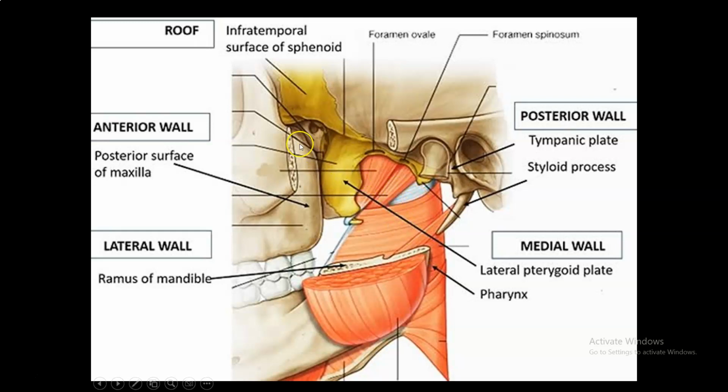Anteriorly we have the posterior surface of the maxilla, and posteriorly you have the carotid sheath and the tympanic plate, styloid process. For the roof we have the outer surface of the greater wing of the sphenoid, or the infratemporal surface of the sphenoid containing foramen ovale and spinosum.